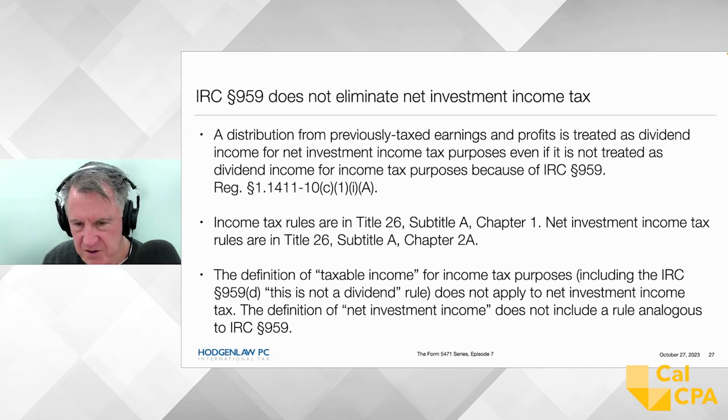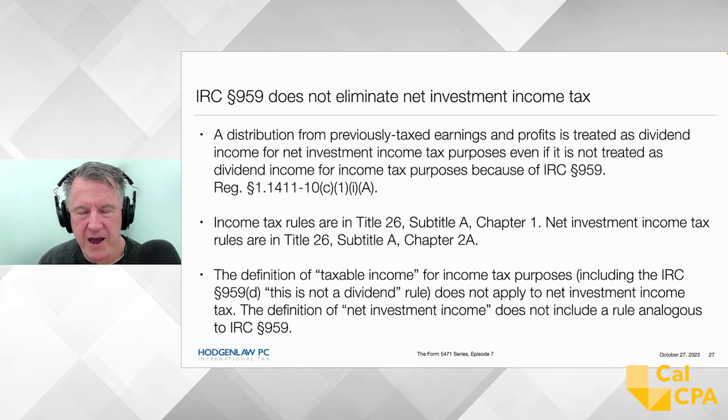So it'll stand completely alone. And when you look at the definition of net investment income, because that's the income base on which the net investment income tax is computed, the definition does not include an analogous provision comparable to Section 959.